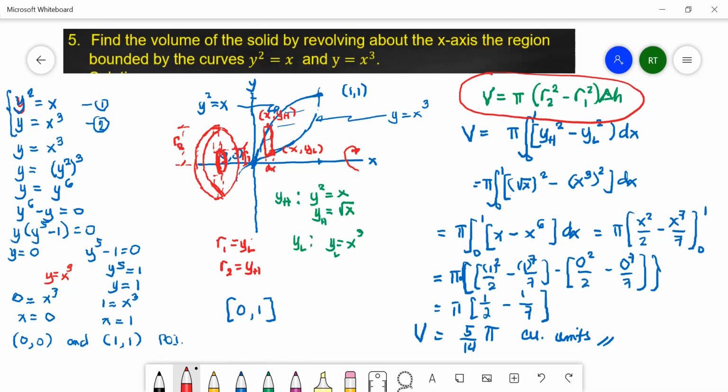While for the ring or washer method, this time the region R does not touch the axis of revolution, meaning the axis of revolution does not form part of the boundary of the region R, but the element must be perpendicular also to the axis of revolution and does not touch the axis of revolution.